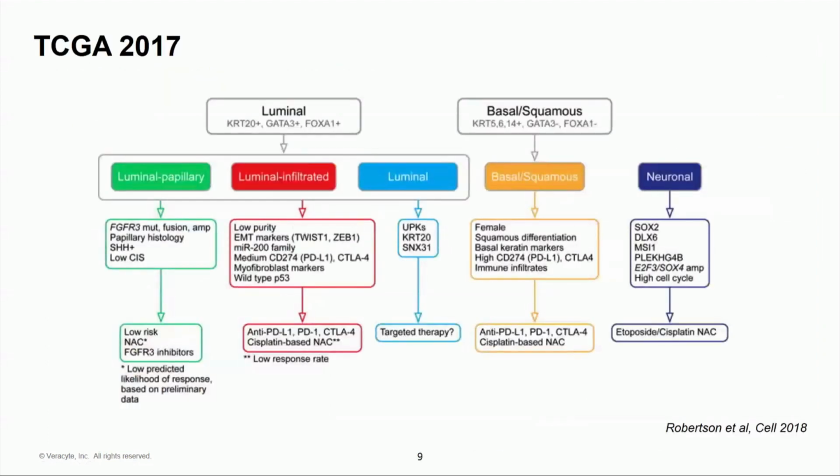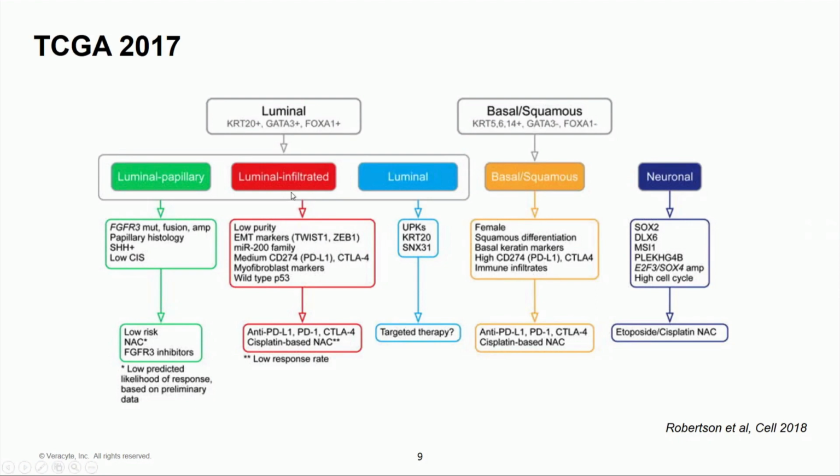Another personal favorite, something I definitely worked on quite a bit with Gordon Robinson and Seth Lerner, is TCGA. So this classifier recognizes 5 different molecular subtypes. Luminal papillary, so again, this has your FGFR3 expression, more differentiated. A luminal infiltrated group, which has, again, the more immune and stromal infiltration. And this is an important feature too, because you'll notice these names come up again and again in different classifiers. And this is actually part of the source of the problem when we're looking at different classifications and getting different results.